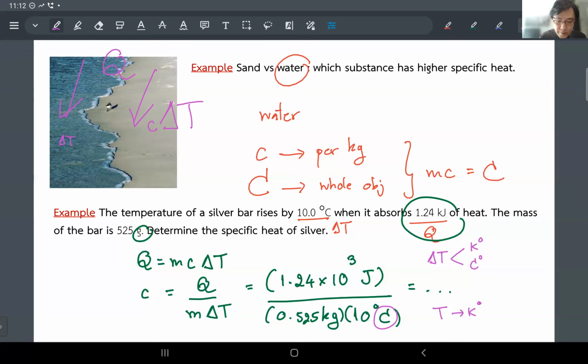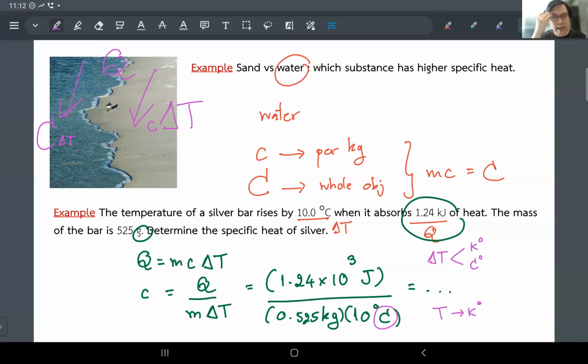Eventually. And the water must have the bigger C because it doesn't show up as a change in the temperature much. So the temperature rise maybe only like 1 or 2 degrees when the sand heats up 5 degrees, for example. And that is a showcase that the ability of the water to store energy must be higher. Okay, does that help?